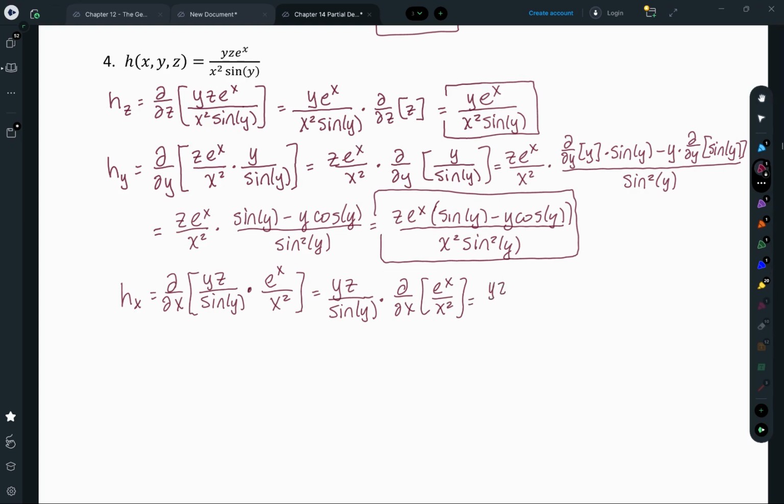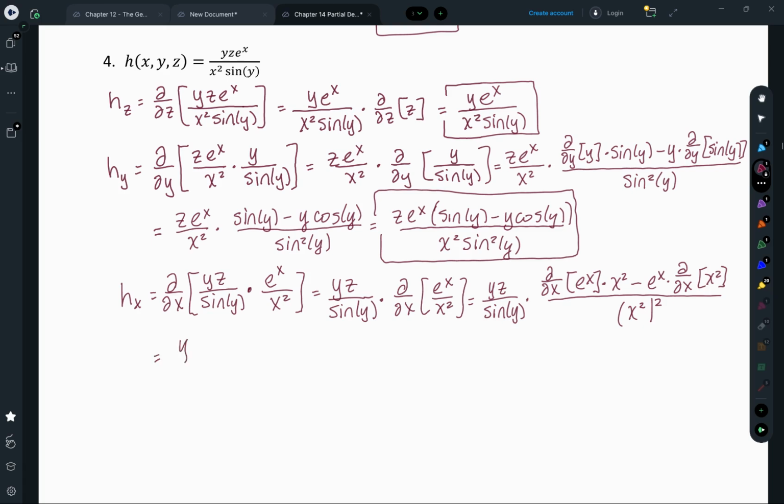The derivative of the top, del x of e to the x, times the bottom, that's the x squared, minus the top, e to the x, times del x of the bottom, so del x of x squared, all divided by the bottom, x squared, all squared.